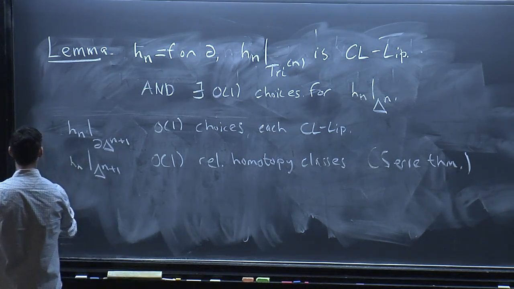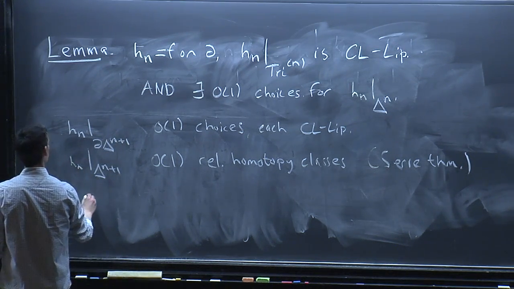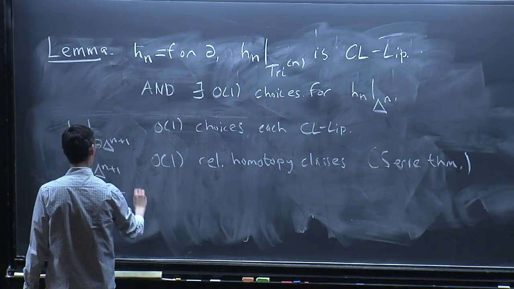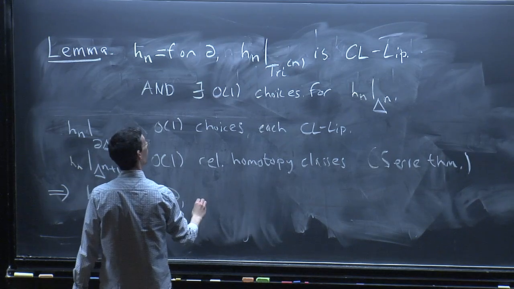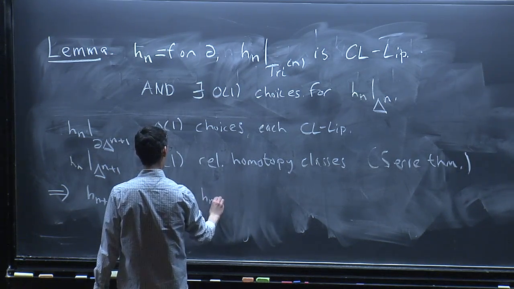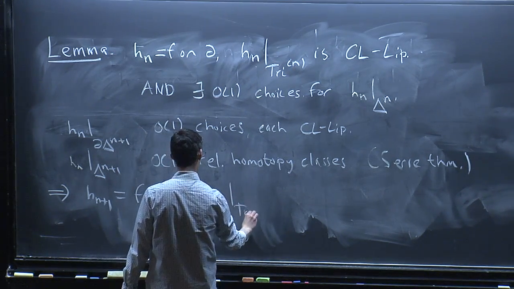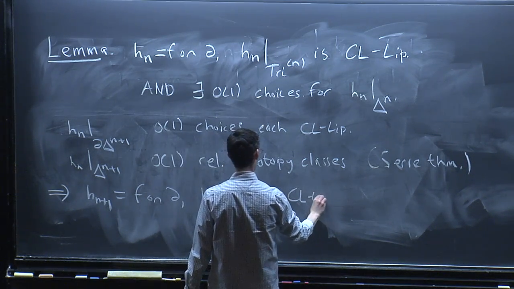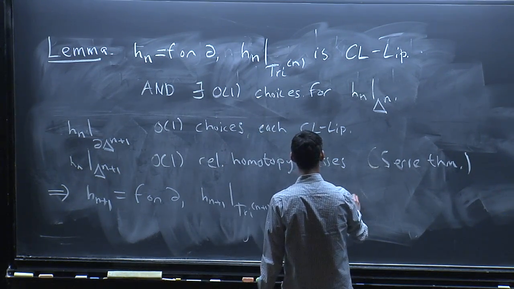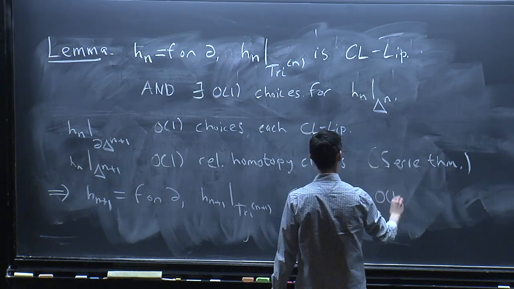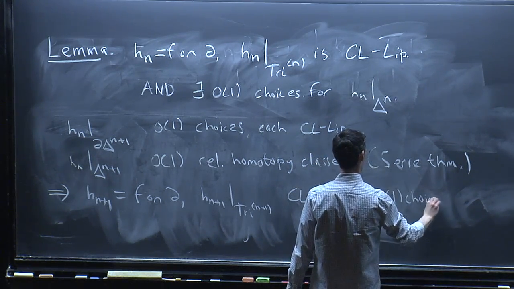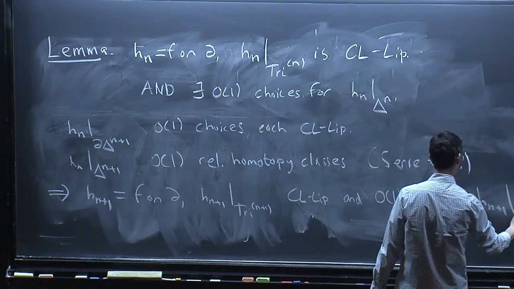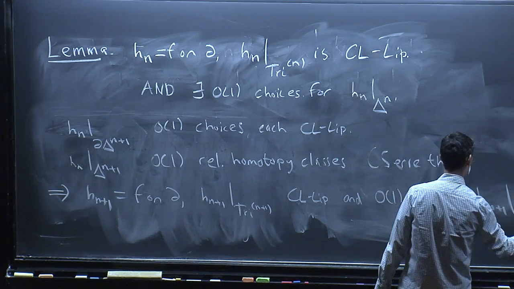And so we get Hn plus 1, which is equal to f on the boundary, and Hn plus 1 restricted to the n plus 1 skeleton is CL Lipschitz, and order of 1 choices for Hn plus 1 restricted to an n plus 1 simplex.